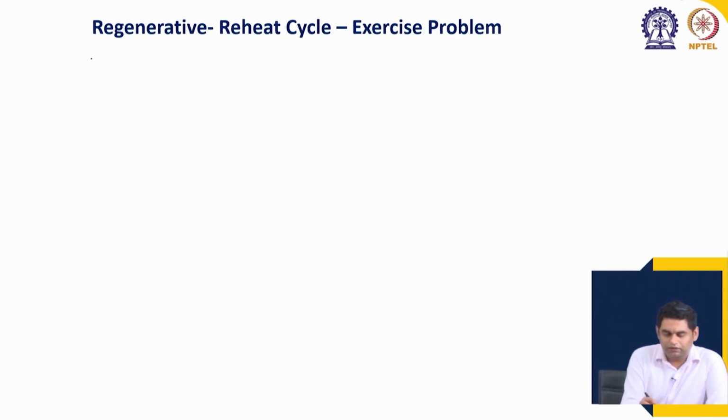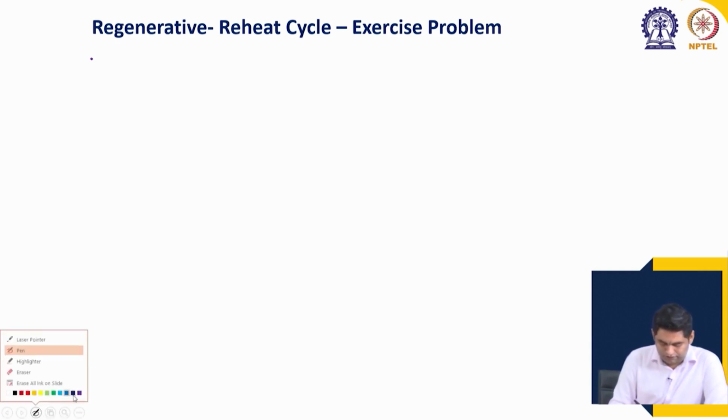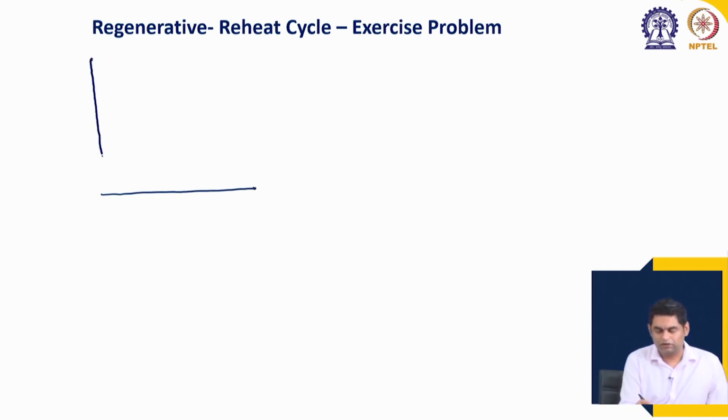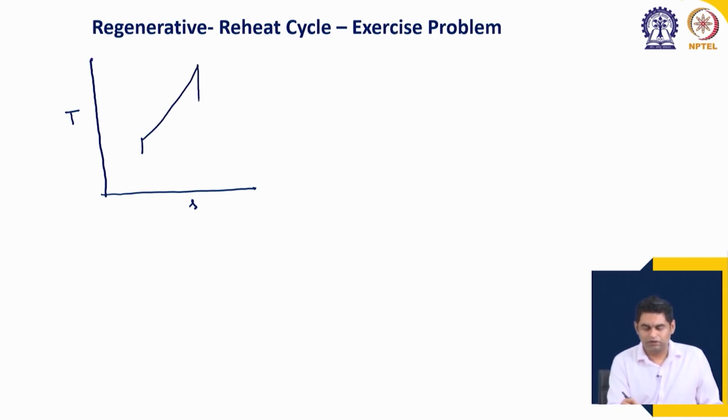I will start by drawing the TS diagram, and then define the problem, because anyway the TS diagram needs to be drawn. So, T and S. I will quickly draw the TS diagram.